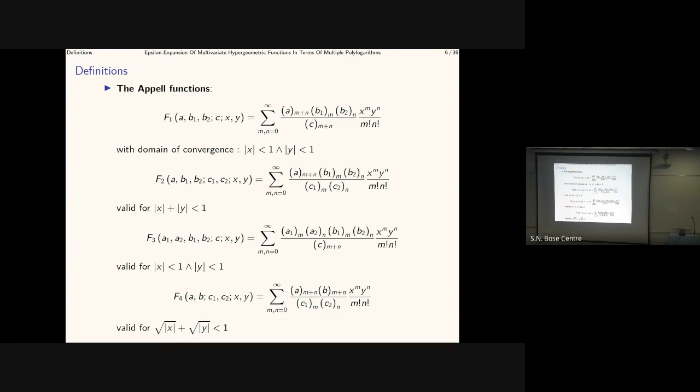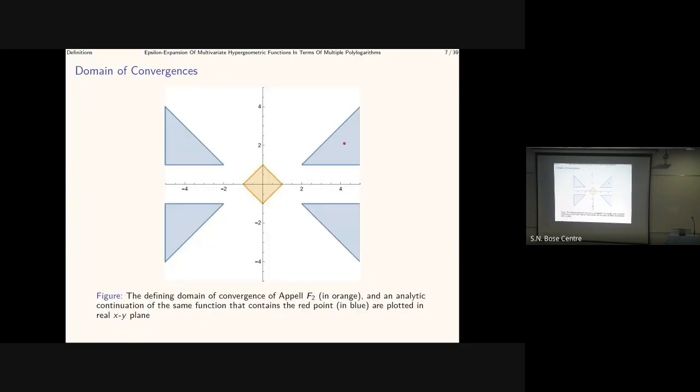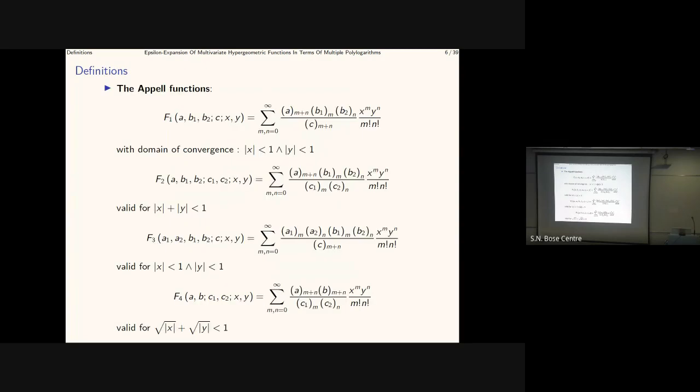Right. But in this expression, you can find another series representation where the argument would be 1 by x and 1 by y. Yeah, but then the question is, how do you define the function so that it's well defined everywhere? Yeah, in the overlapping patches, you have to match the two different values.